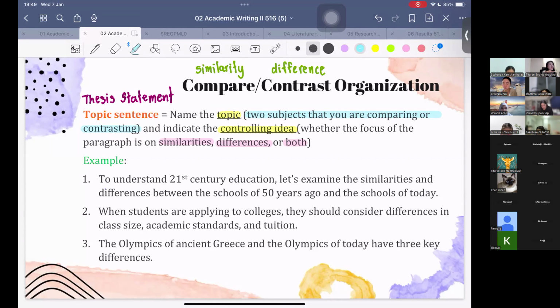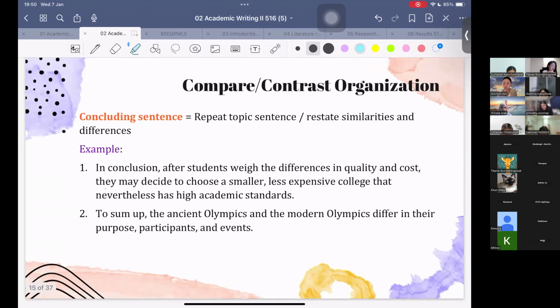The controlling idea would state that you're going to talk about differences between the two objects, or the similarities between the two objects, or both differences and similarities. So for compare and contrast, you need to state what you're going to talk about: only the differences, only the similarities, or both.